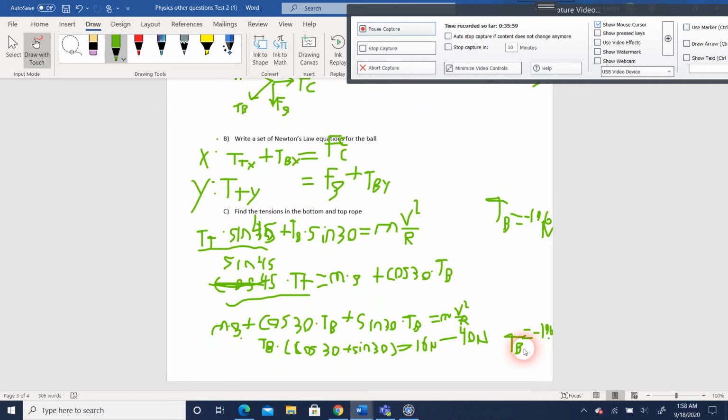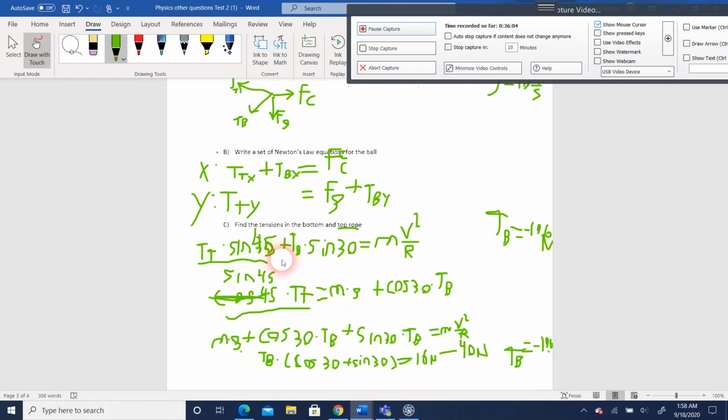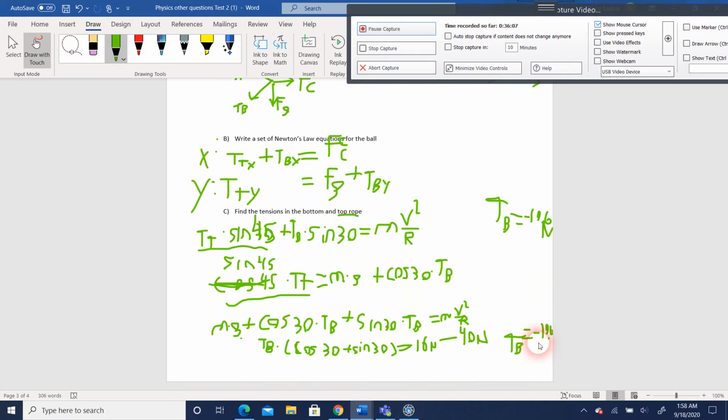But now that we have the bottom, we also have to find the top rope, which is just TT. We are just going to plug this value into one of these equations. Let's do this one. So we get sine 45 T top is equal to mass times gravity, which is 40.